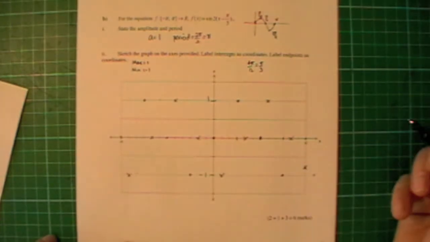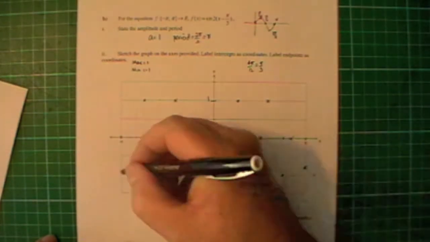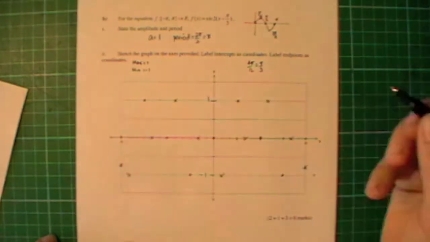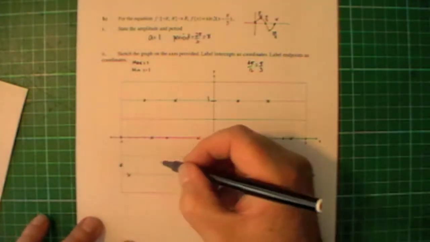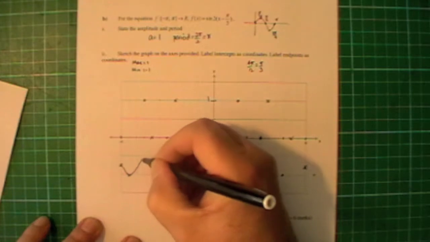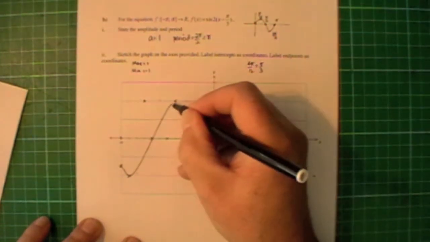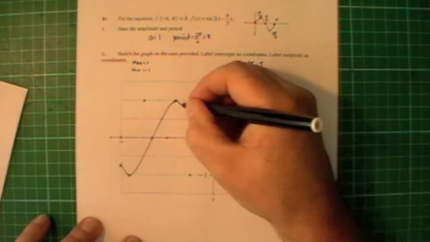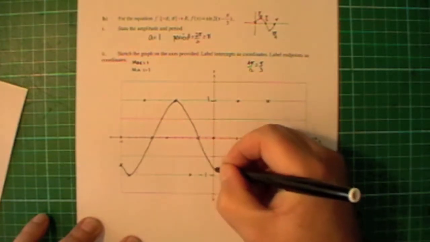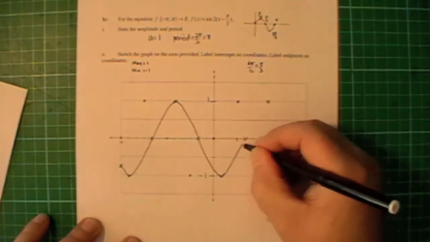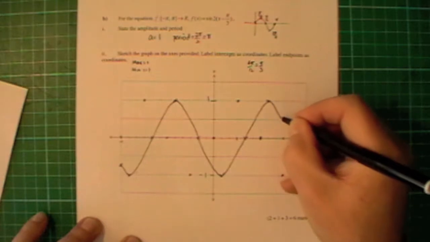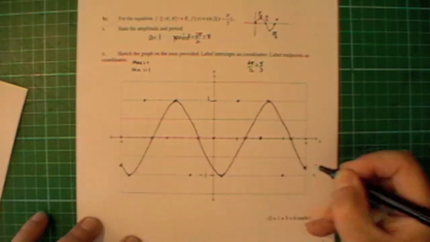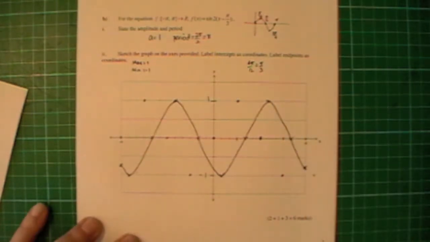Not that intercept, the minimum. We'll have the intercept over here somewhere. We're not sure where that is, but we'll find out shortly. So we can go ahead and join this up. And that's basically our graph.